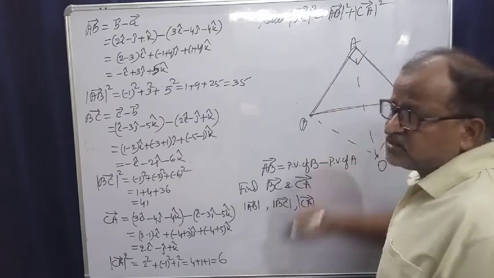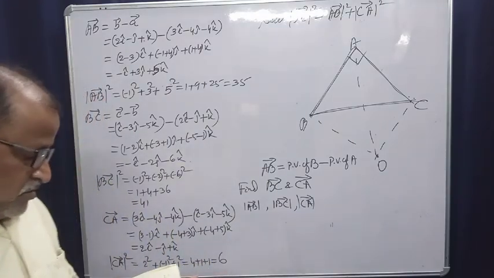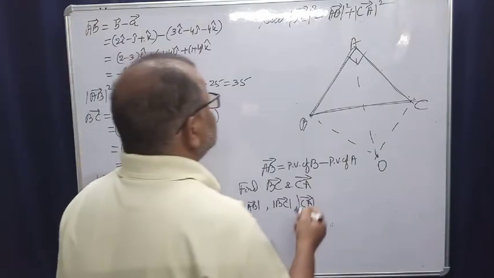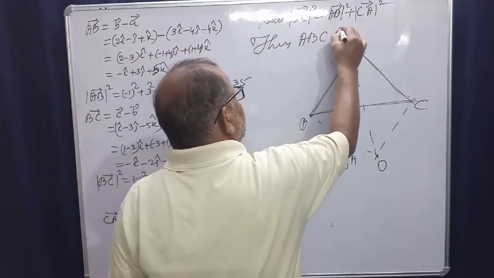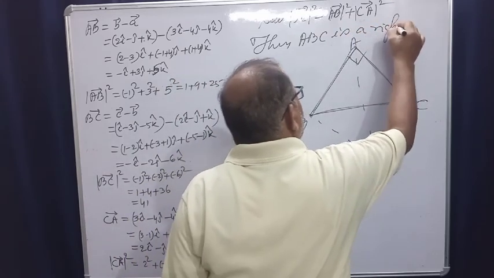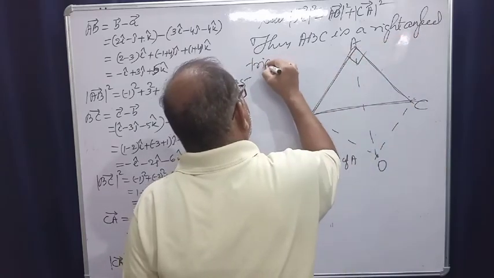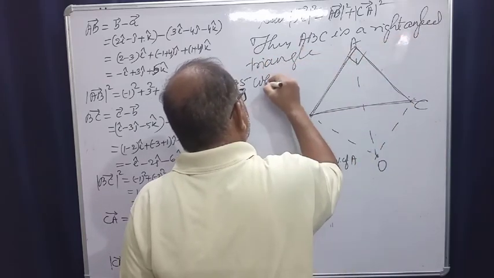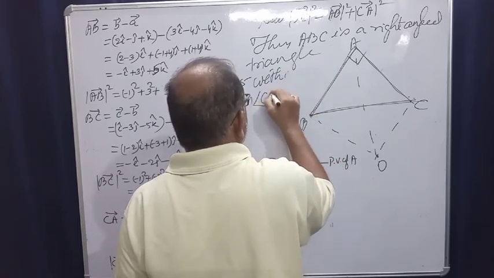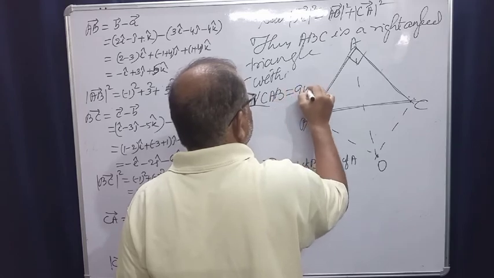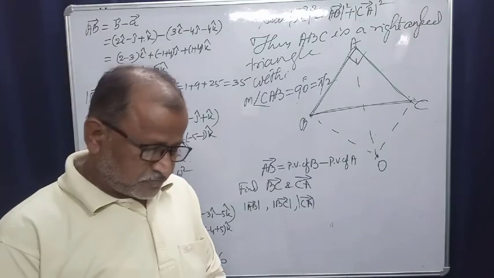So this angle is 90 degrees, right? So it is a right angle, thus ABC is a right angle triangle with measure of the angle CAB is 90 degrees or pi by 2, right?